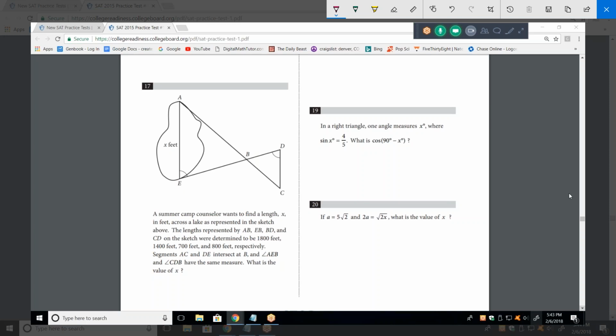So let's just make them that. AB is 1800. EB is 1400. BD is 700. And CD is 800.